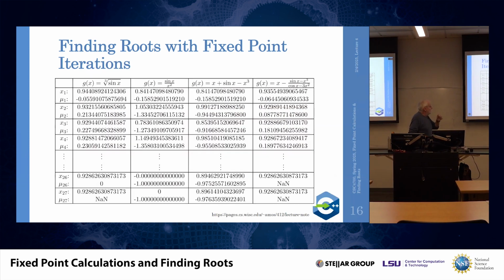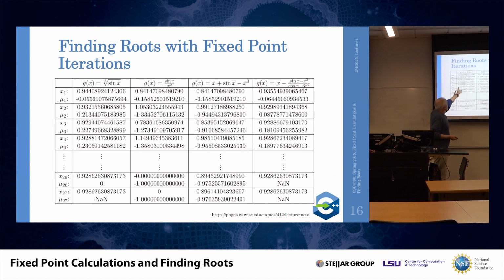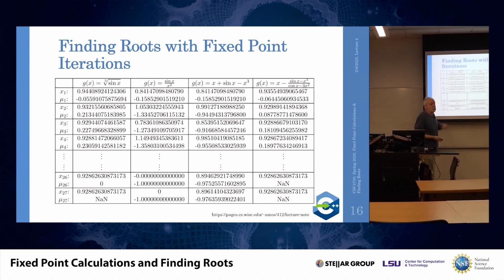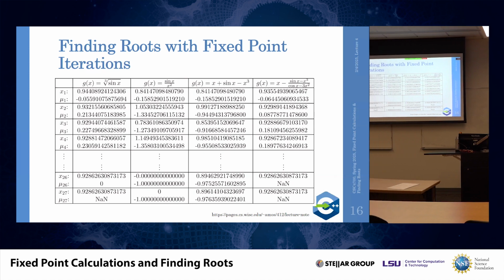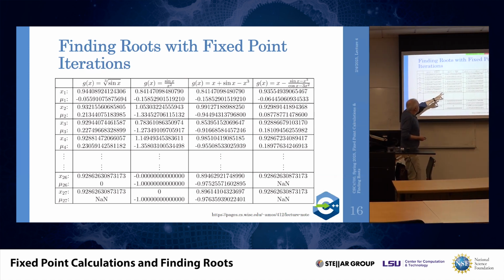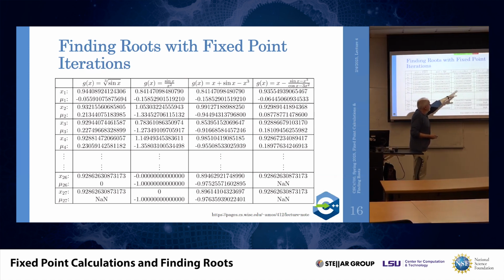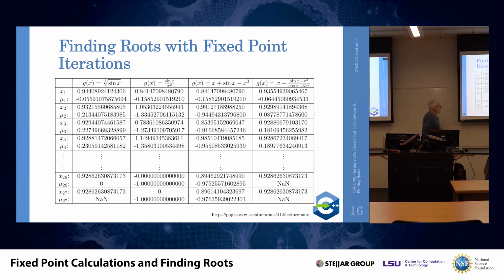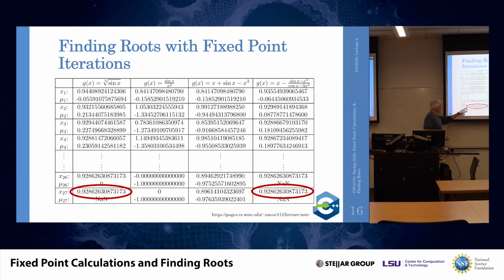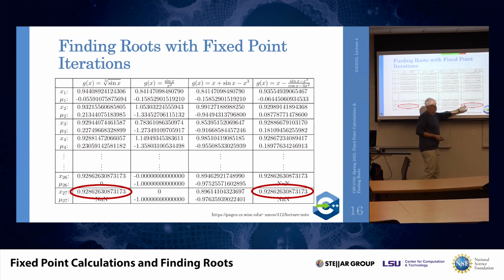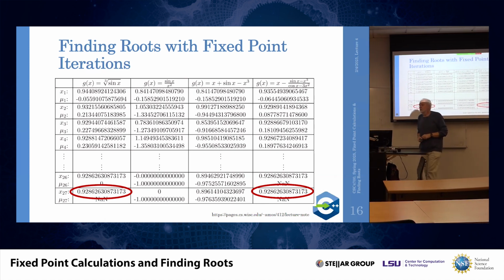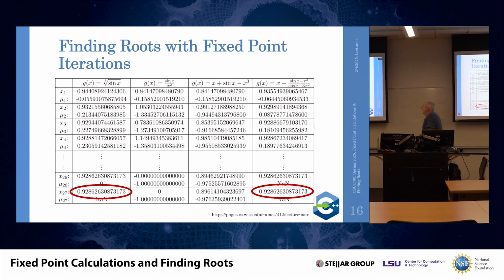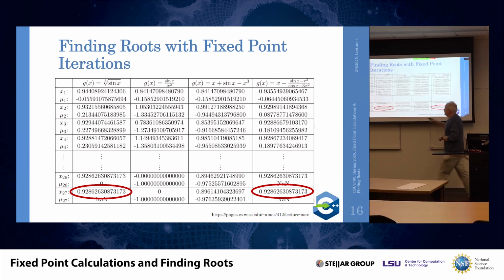Here's a table which does that for 4 different transformations. Cubic root of sine x, sine x over x squared, and so on, over a large number of iterations. And as you can see, actually only these two converge. The others diverge. They don't give you the result. You might wonder, what is that mu?